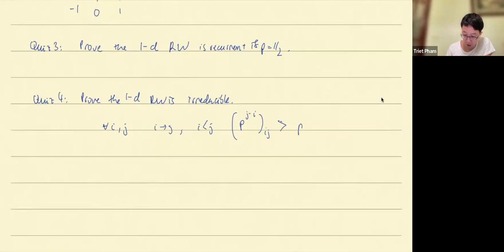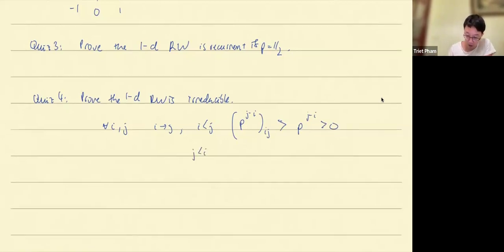So that must be bigger than p to the j minus i. And if j is less than i, then you just go to the left, so i minus j here. So let's use absolute value: it is just bigger than (1 minus p) to the |i minus j|.